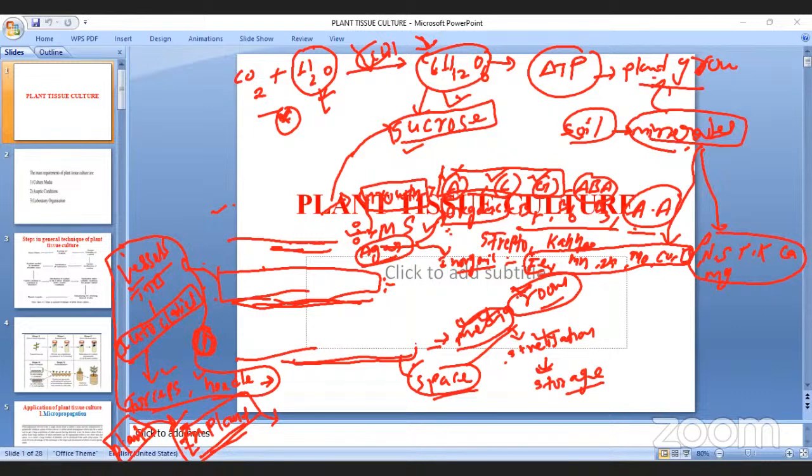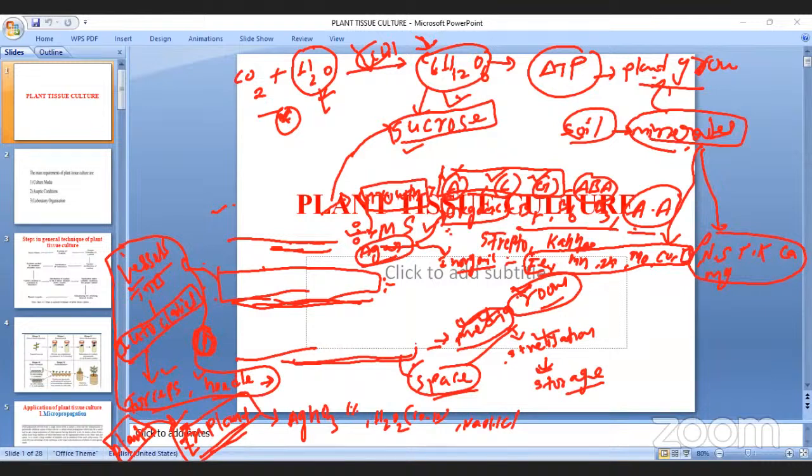For explant sterilization, we use surface sterilization with surface disinfectants like silver nitrate 1%, H2O2 10 to 12 percent, bromine water 1 to 2%, and sodium hypochlorite solution.